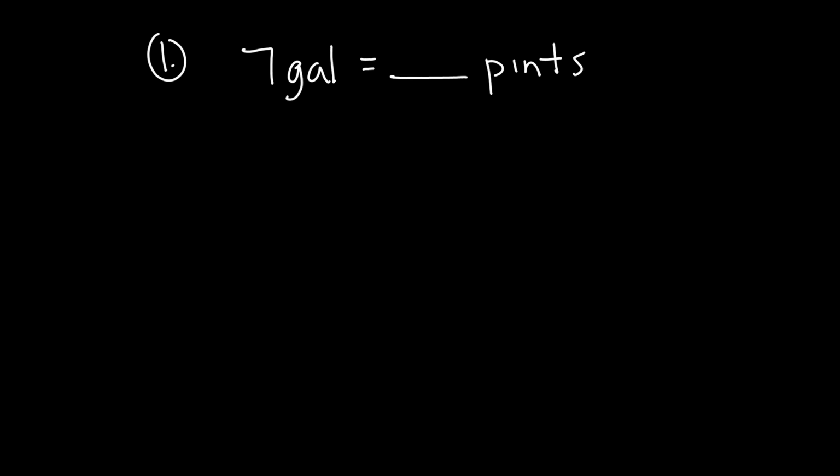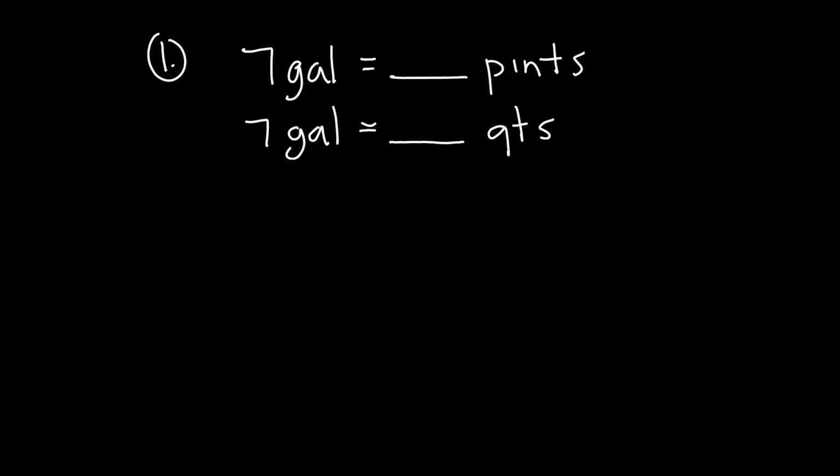Alright, now that you've worked them out, let's check. So, first problem was 7 gallons is equal to how many pints? Well, if you look at your reference chart, I cannot go from gallons to pints directly. I need to go from gallons to quarts first. So 7 gallons is equal to how many quarts?